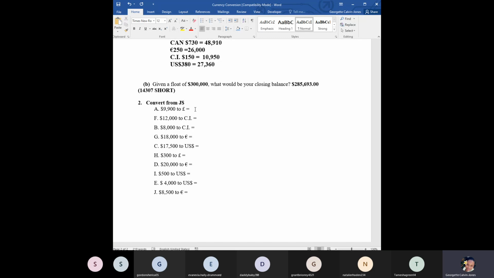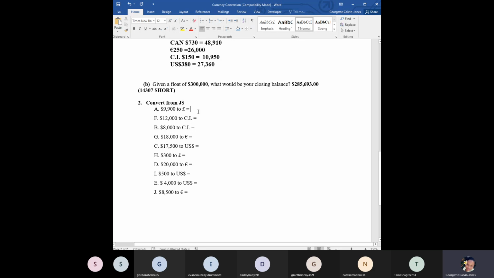Because you said they're converting from Jamaican. But look at the currency that you're converting. It's 127, so you divide it by 127. But I'm on the right track, right, miss? Yes, you are.